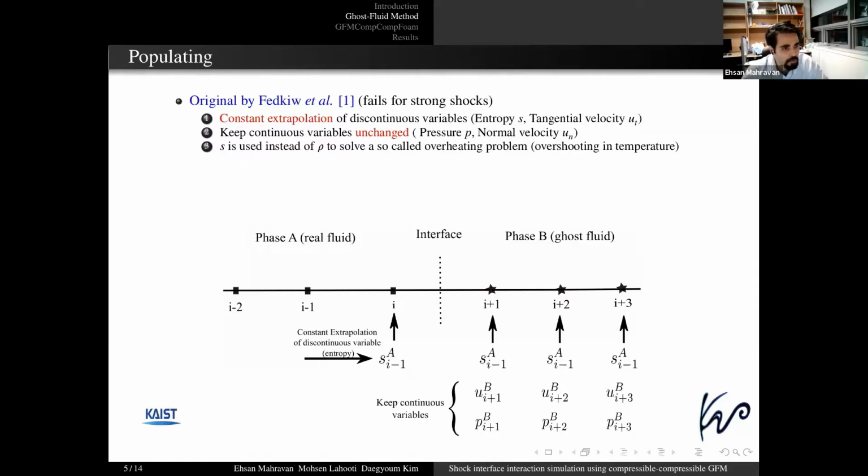And we keep the continuous variables unchanged. Entropy is used instead of rho, because using density leads to the so-called overheating problem, which is an overshoot in temperature. This is the original method and it fails for a strong shock, then we need modifications.